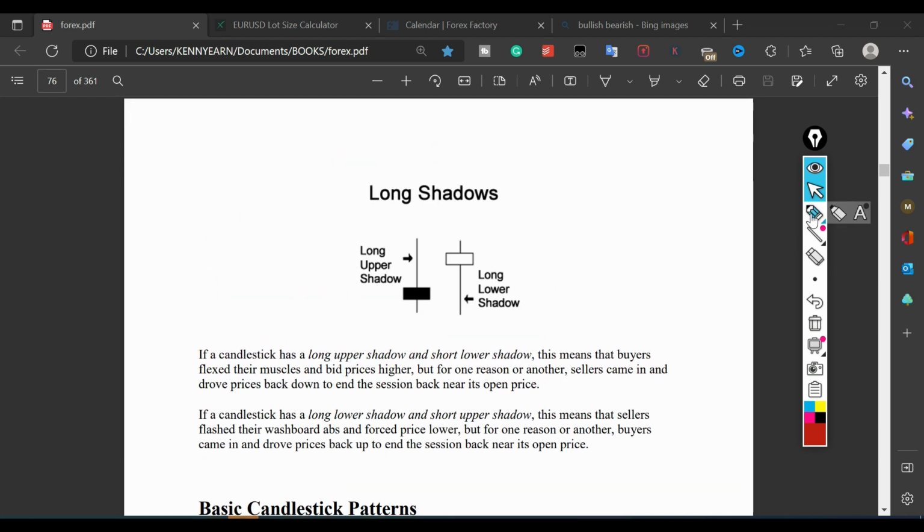And then let's talk about the relatively mysterious wicks, or you can call them long wicks. Let me explain what happened here: this candle opened here, buyers pushed it up and made the high, and then sellers pressed it down at the end, and the candle closed below the opening price. This long wick is called a hammer candlestick.